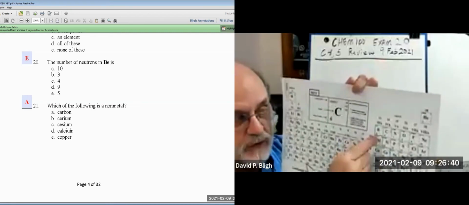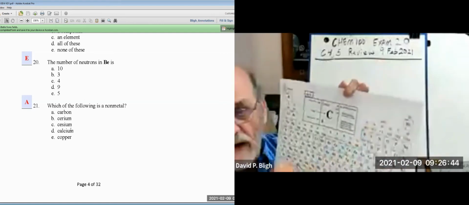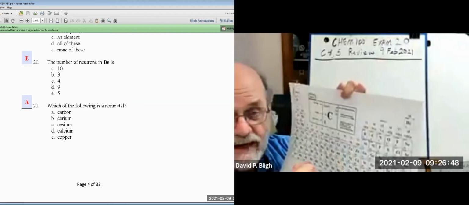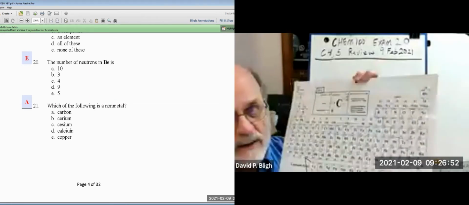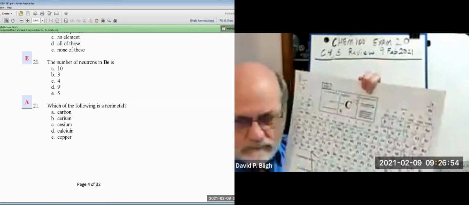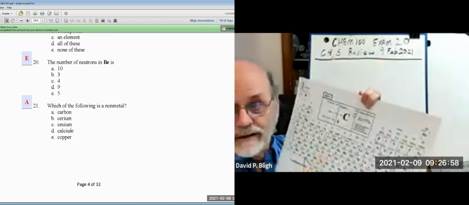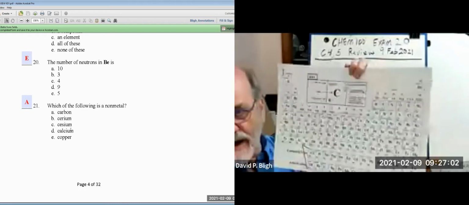It goes 1 step at a time and zigzags all the way down. To the right are the non-metals, to the left are the metals. So all you have to do is find out, and you have to know the symbols, right? Because your periodic table won't have the names. That kind of defeats the purpose of testing, right? If you have the names right there, then what's the incentive to memorize them?